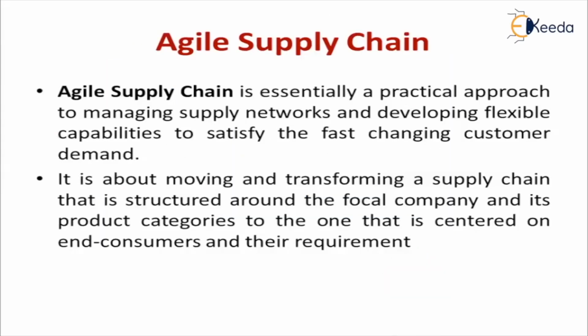So Agile Supply Chain is a practical approach to managing supply networks and developing flexible capabilities to satisfy the fast-changing customer demand. Supply chain is a concept where right from the production till the delivery, the product is being tracked by the user.